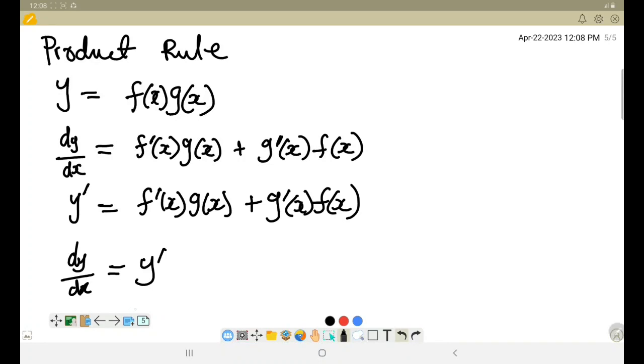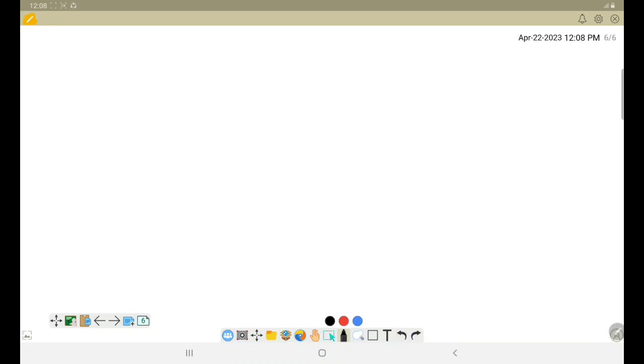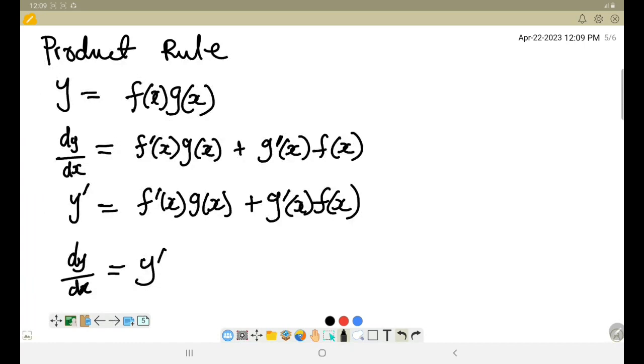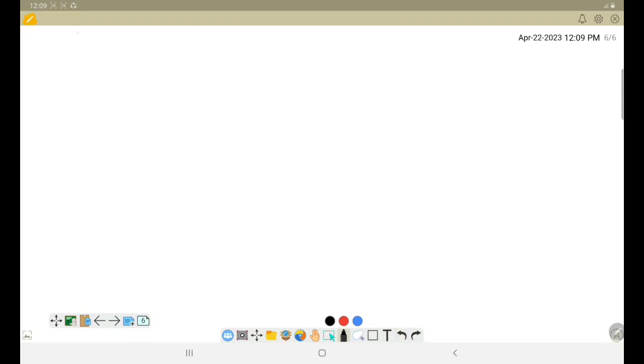So we can look at the example using product rule. We did it by power rule by first expanding the bracket. We can do it straight away by product rule.